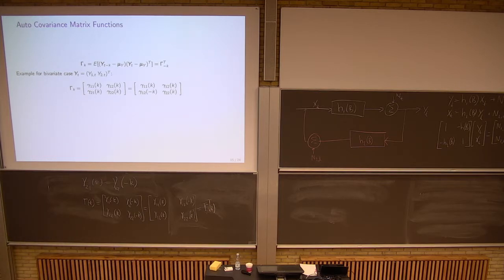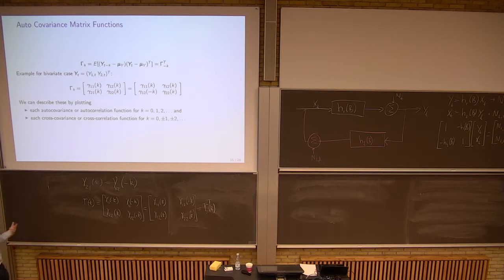So if I transpose everything, it will of course also hold. So whenever you go backward in time for the multivariate autocovariance function, you do not just go backward in time, you also have to transpose, relative to going forward in time. So that's one important thing to keep in mind.